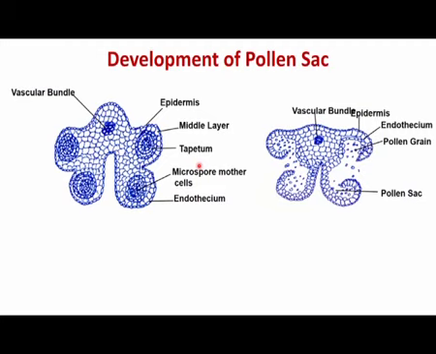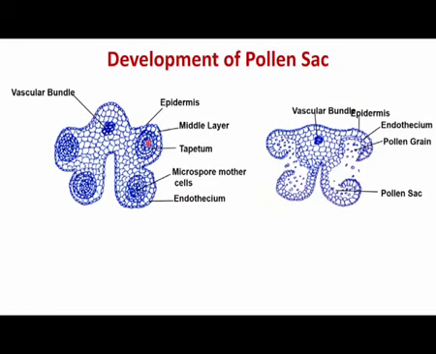The development of the pollen sac begins with the differentiation of archesporial cells in the hypodermal region, and it happens on all four corners of the pollen sac.